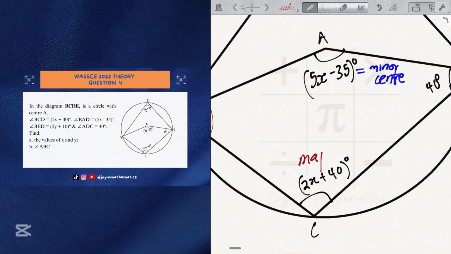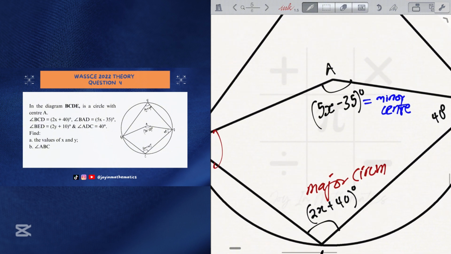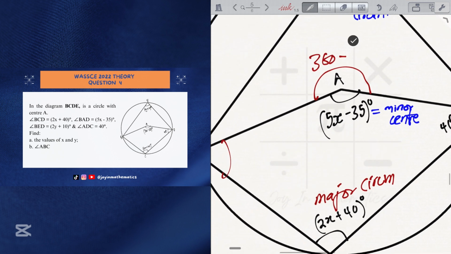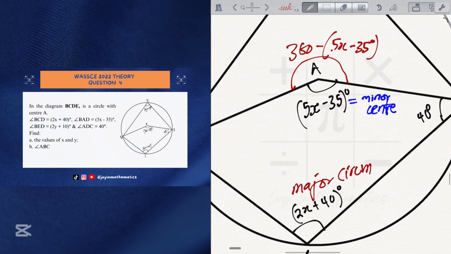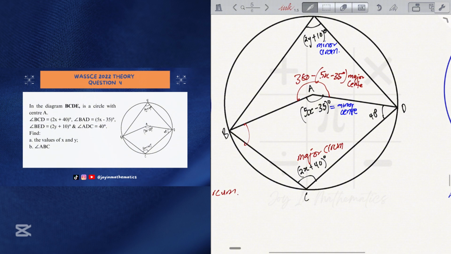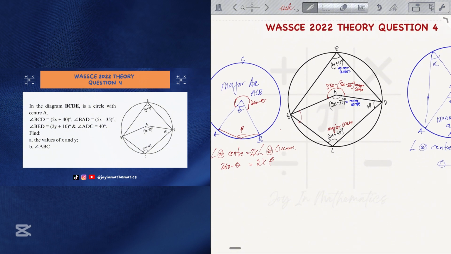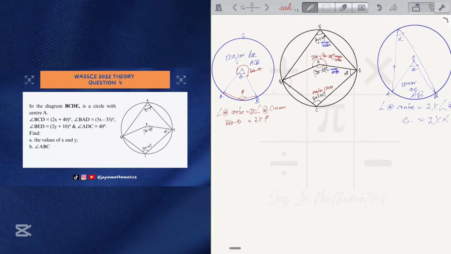So this is the major circumference, and to get the major center, all we have to do is to have 360 minus 5x minus 35 degrees. So this is going to give us the major center. So major arc center, minor arc center, major arc circumference, minor arc circumference. So with that, let's apply this and then we'll simplify further to find the value of x and y.